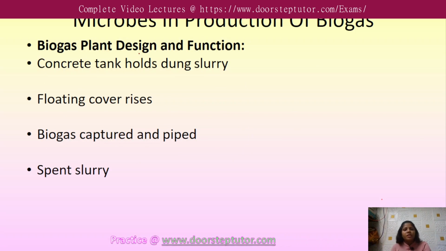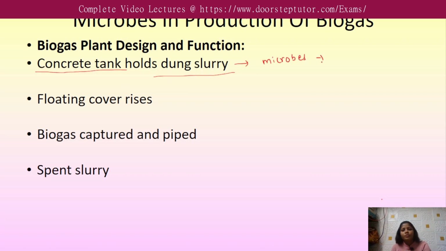Now we will see biogas plant design and its function. It is made up of a concrete tank which holds the dung slurry, which has different microbes that break down organic material. Then the floating cover rises due to the increase in biogas production.